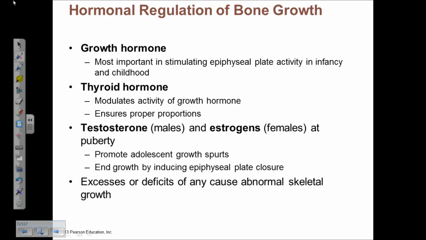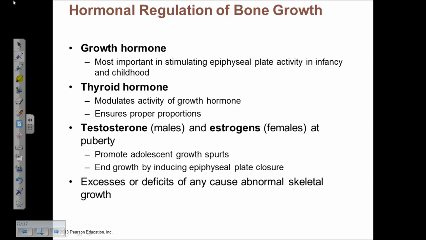Lenisa, here's your question. Regulation of the bone growth. So major hormones that regulate bone growth are growth hormone that is produced by hypophysis or pituitary gland, thyroid hormone, which is kind of secondary.